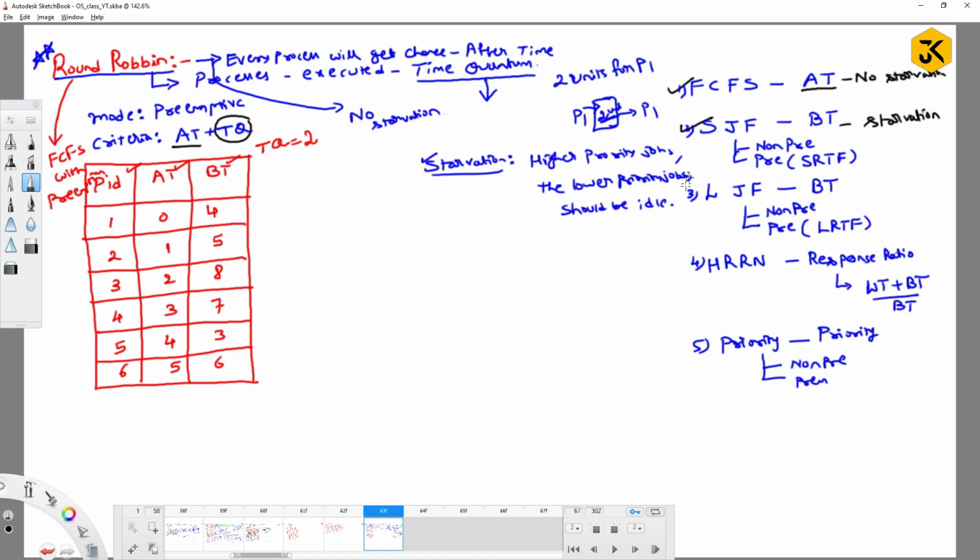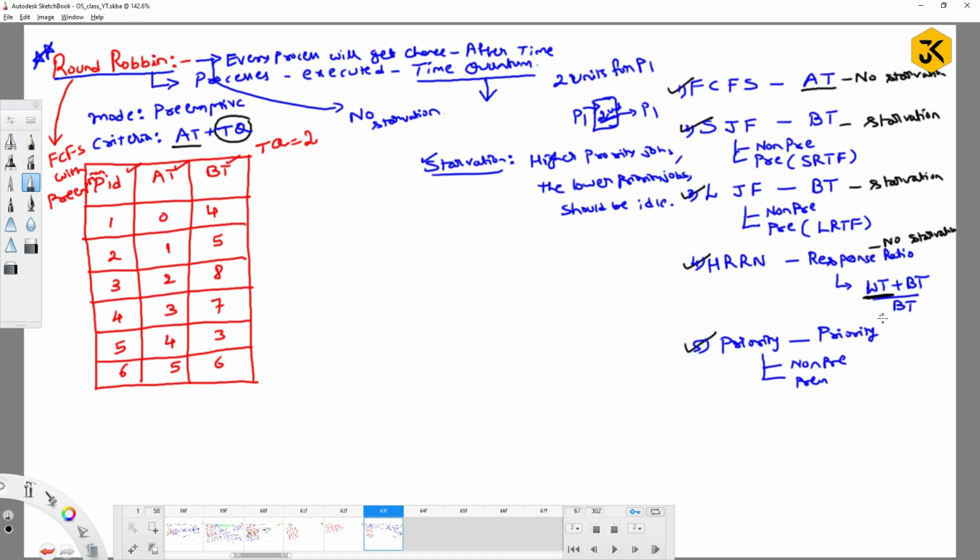Coming to LJF, longest job first, here also there is starvation. The reason is that when longer processes keep arriving, the shorter processes have to wait, which leads to starvation. In highest response ratio next, there won't be any starvation, because we include the factor of waiting time. After a certain time, as we consider the waiting time of the process so far, it will definitely get the chance.